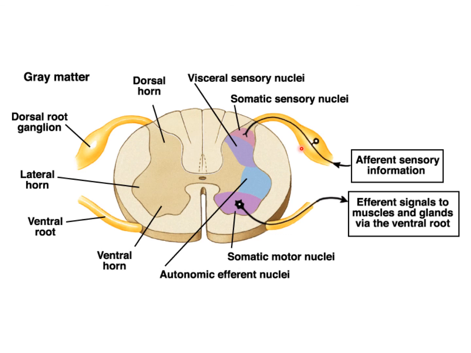And at some point, it's going to reach the threshold value to fire another action potential at the postsynaptic neuron, which is going to go to muscles and glands via the ventral root, or it might have an interneuron in between, or many interneurons that are going to integrate this signal, because these interneurons might want to turn.